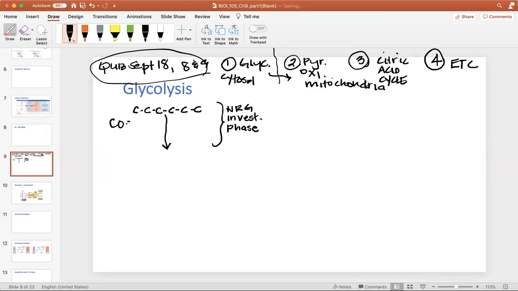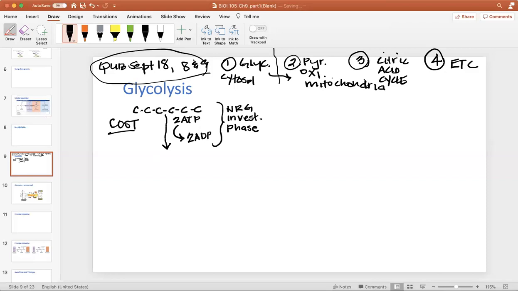So I'm going to write the word cost right here. We're going to take 2 ATP, which stands for adenosine triphosphate, and we're going to peel off a phosphate of each of those, and so that at the end we'll have 2 ADP, which would be adenosine diphosphate.